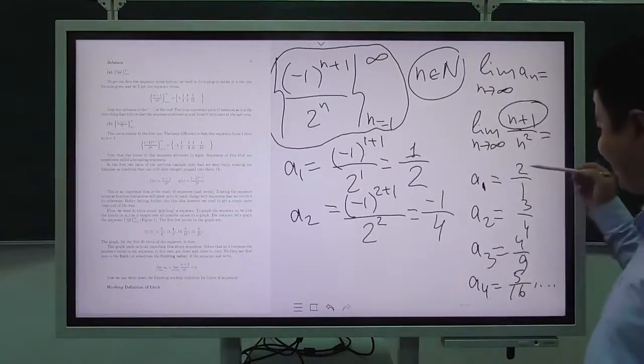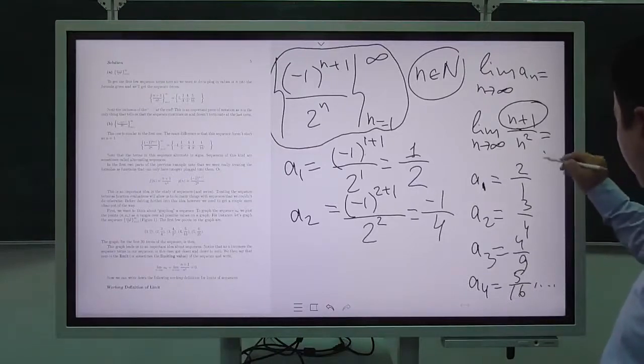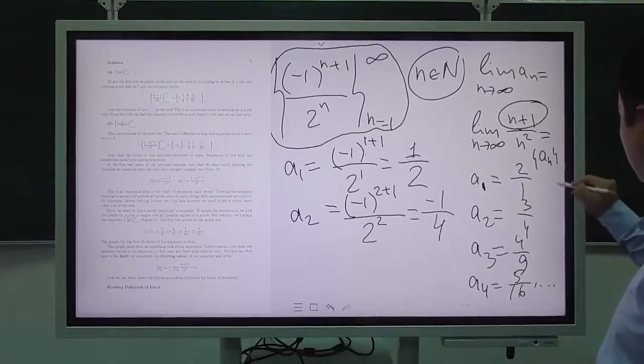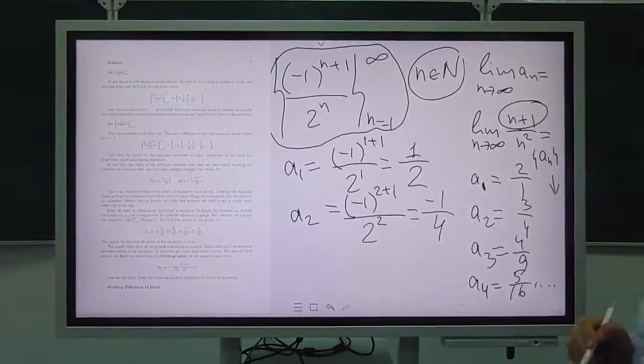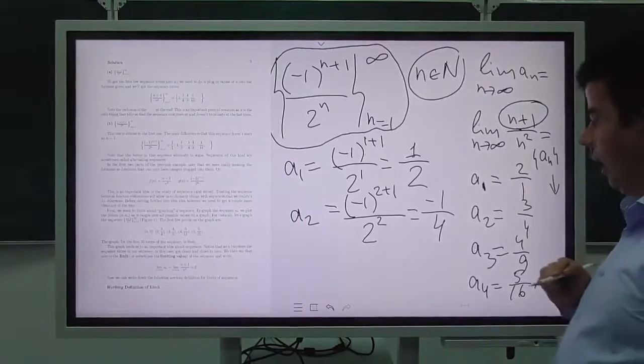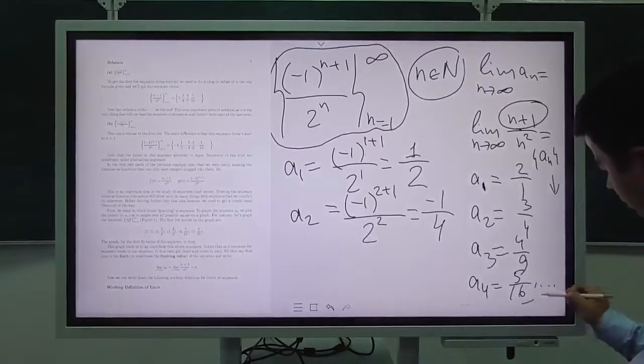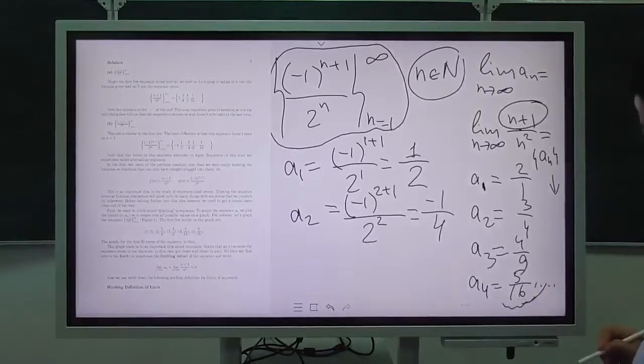So this is a decreasing sequence, an decreasing. Now it goes to 0 because the denominator goes to infinity and it's bigger than the numerator. So in this case, we can say it goes to 0.